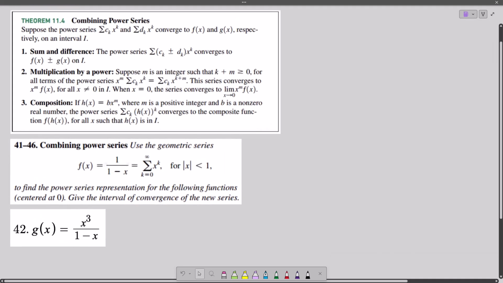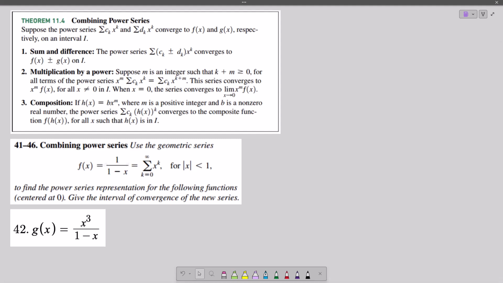All right, combining series. When one series is not enough and you want to add a little more fun, toss in another series. So if you have two series that converge, and more precisely, I should say power series.